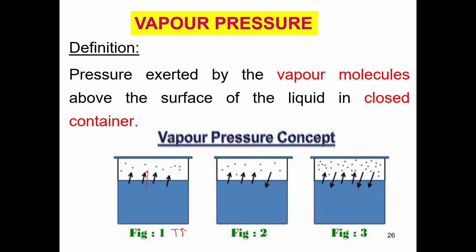Dalam bekas yang tertutup, gas ni tak boleh keluar. Jadi apa yang berlaku? This gas akan turn back to liquid. Sebelum dia turn back to liquid, dia akan ada banyak gas yang ditukarkan daripada liquid. So gas ni akan berlanggar antara satu sama lain dan dia juga akan langgar wall of the container. So at this condition, we say that vapor pressure forms. Pressure, tekanan yang disebabkan oleh gas.